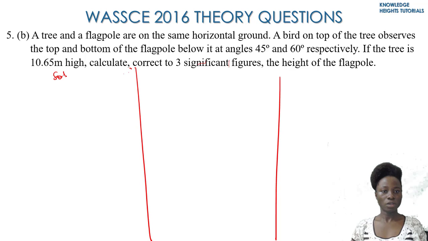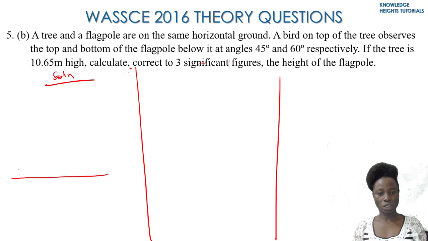The question says that there is a tree and a flagpole. The tree and the flagpole are on the same horizontal ground. When you say on the same, this is the horizontal ground. So let's assume that they stand here. T, which is the tree, and then F, which is the flagpole.